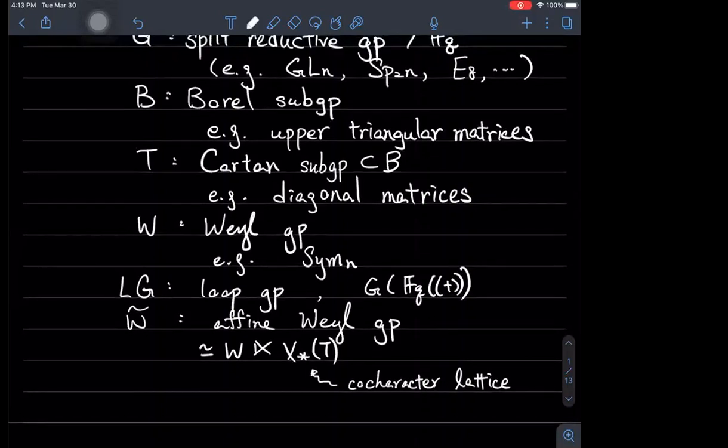Finally, my W tilde is the affine Weyl group. It is the semi-direct product of the finite Weyl group W with the cocharacter lattice.